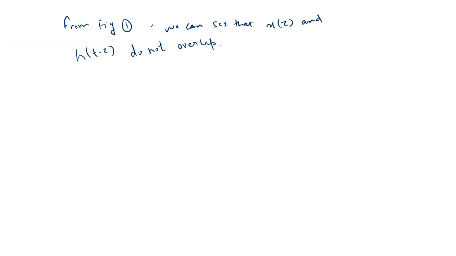Okay, so we have y(t) equals the integral from minus infinity to plus infinity of x(tau) h(t minus tau) d tau, which is equal to 0 for t less than 0.